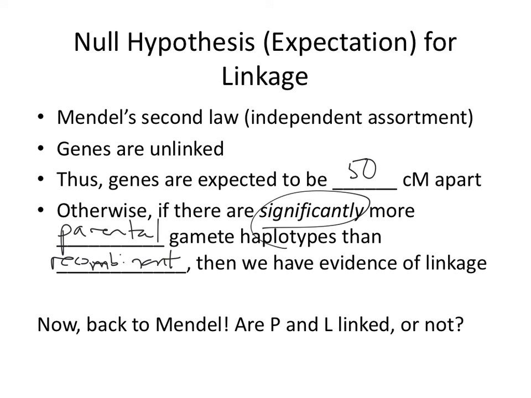So we know we have an expectation and we have observation. We expect to see equal numbers depending on the cross, but with the crosses we're going to use in class, like dihybrid test crosses, we're going to expect to see an equal number of parental and recombinant haplotypes. If there is a significant difference between that expectation and what we see, then that tells us that genes are linked.